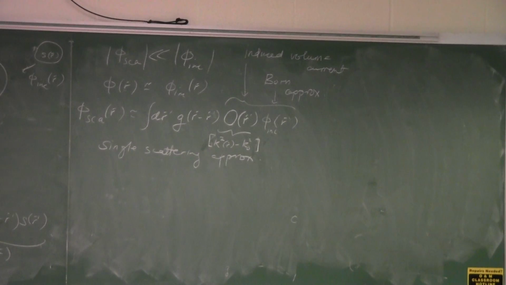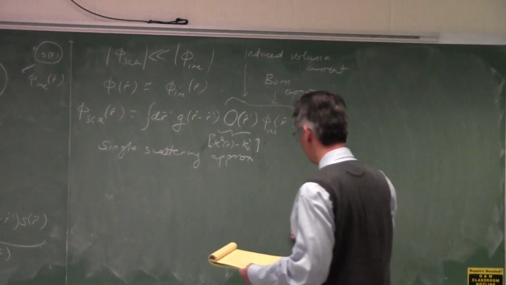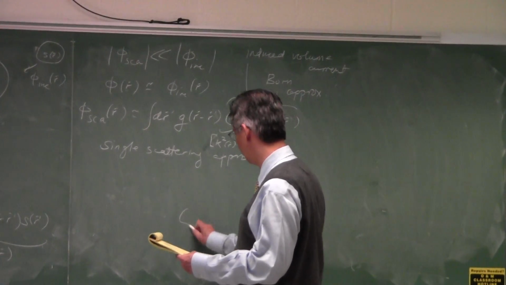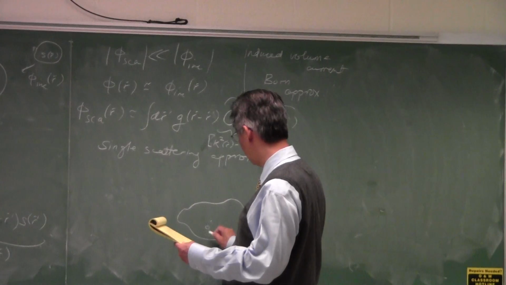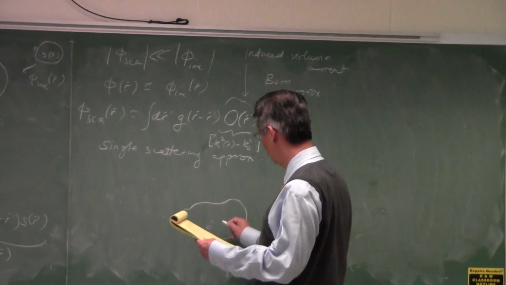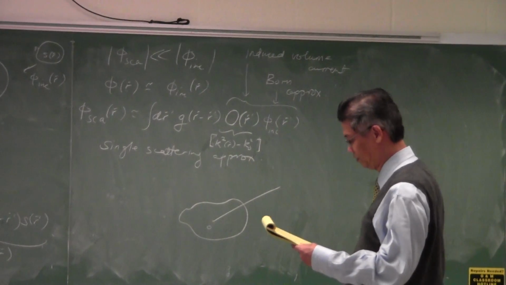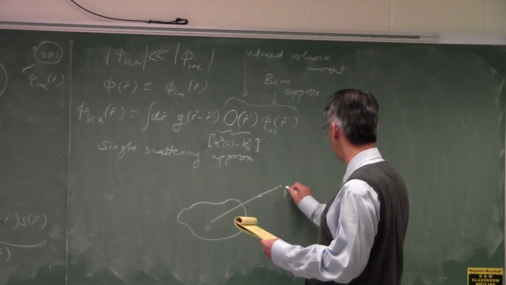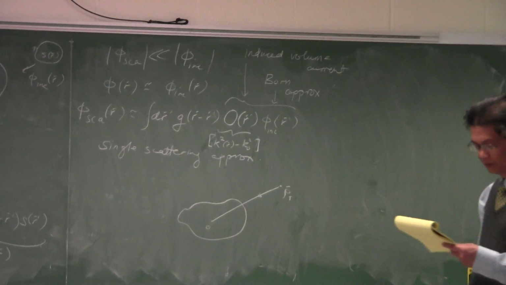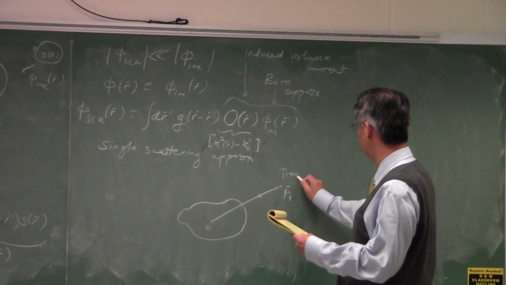mathematical manipulation. Let's assume that we have an experiment where we have an object here, and the origin of our coordinate system is there. I'm going to do this in 2 dimensions so that I use rho, and the transmitter is going to be located here in 2 dimensions. And this is where the transmitter is.